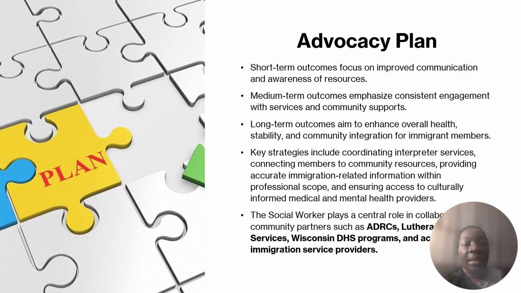Sometimes information comes from family or friends or others. However, accurate information is going to be best practice in these cases. And then we want to provide accurate immigration information within a professional scope. So we don't want them to just receive information from just anyone. We want it to be within a professional scope.